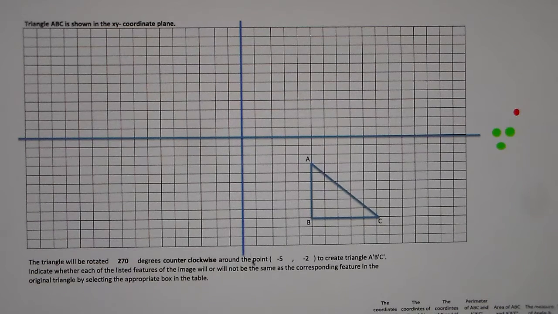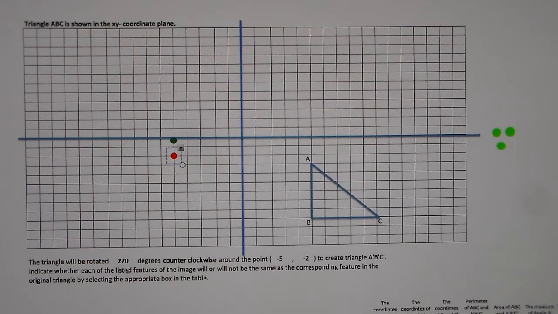Alright, let's do another one. Our center of rotation is telling us down here -5, -2. So -5, 1, 2, 3, 4, 5, down 2. We got right there. That's our center of rotation. Pretty far away.